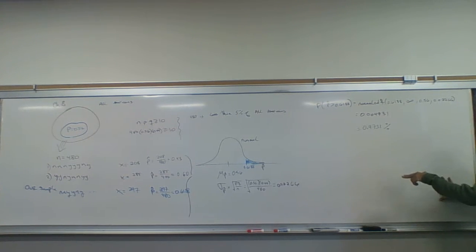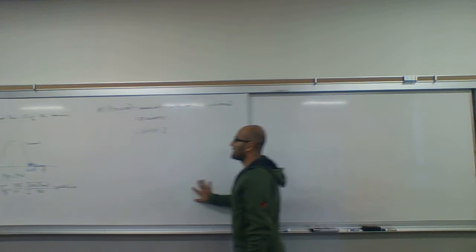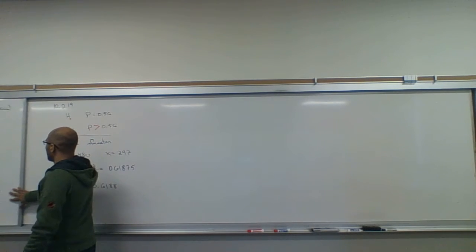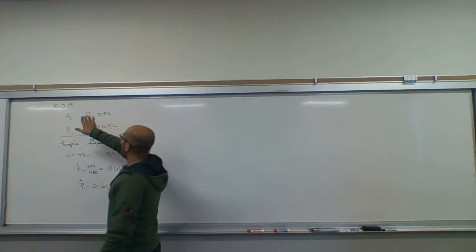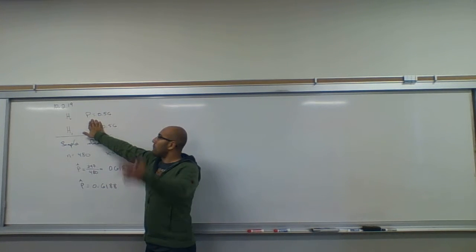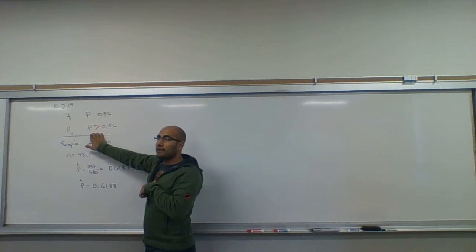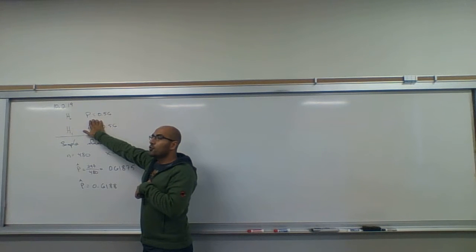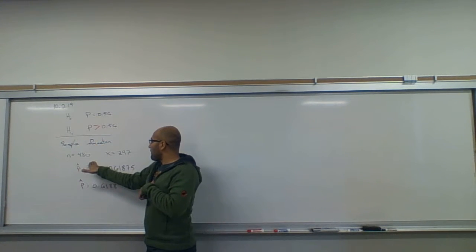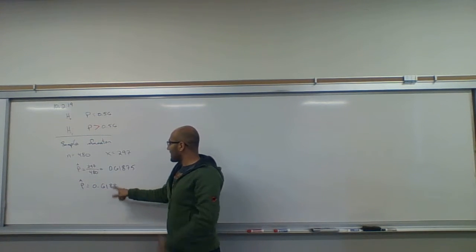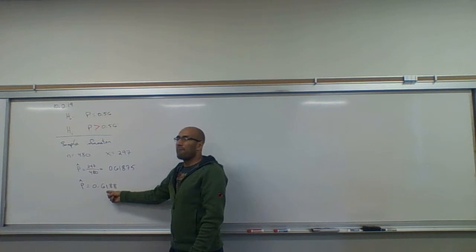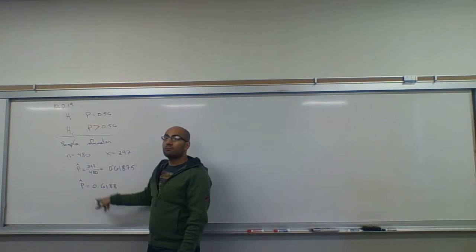Okay, so going back to our alternative here, we start off by assuming this is true, and we're trying to see if there's enough evidence to conclude that this one is true. So if we assume that's true, we look at our sample, and we figure out that the likelihood of getting a sample like this one under that assumption is pretty small.